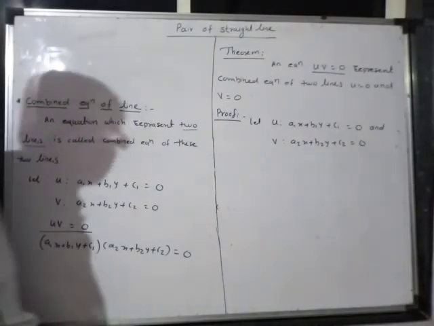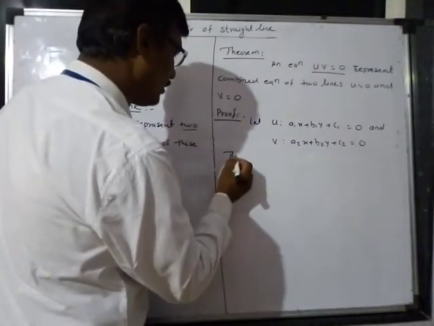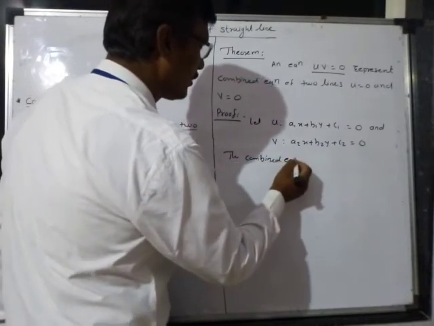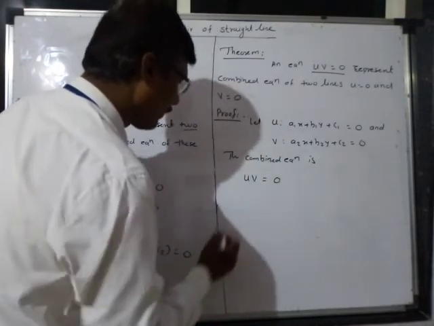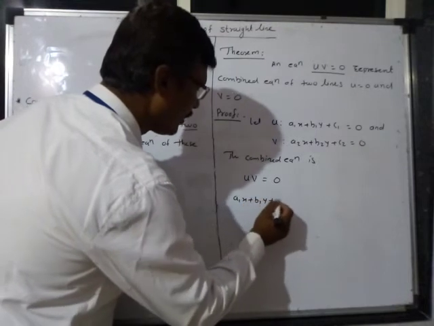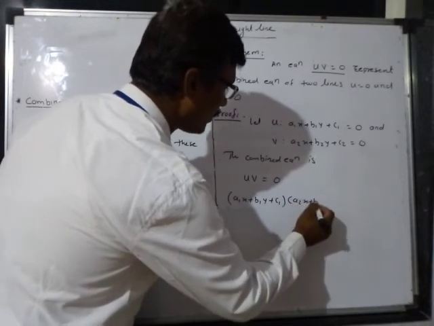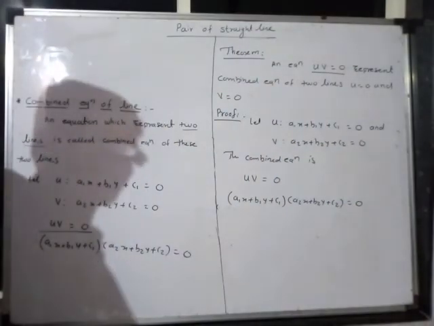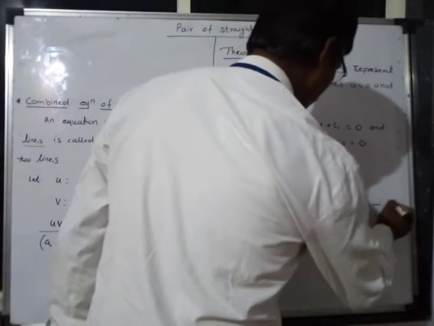Then the combined equation of these lines is u into v is equal to 0, that is a1x plus b1y plus c1 into a2x plus b2y plus c2 is equal to 0. Okay, we say that this is equation number 1.